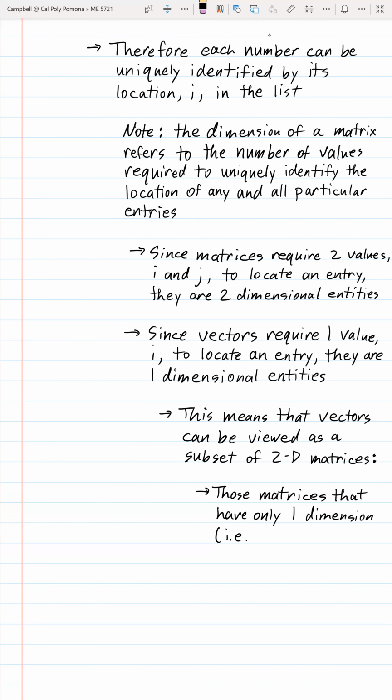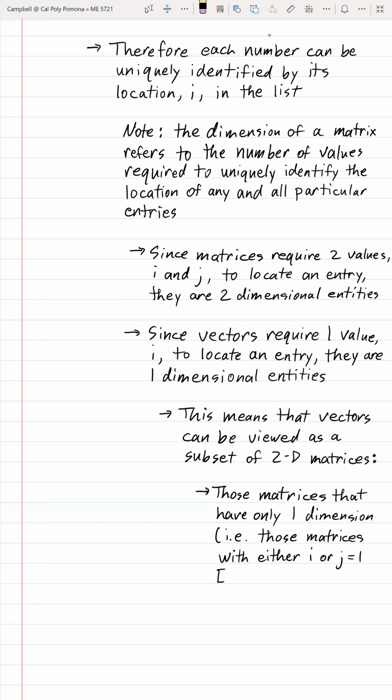In other words, those matrices with either i or j equal to 1.